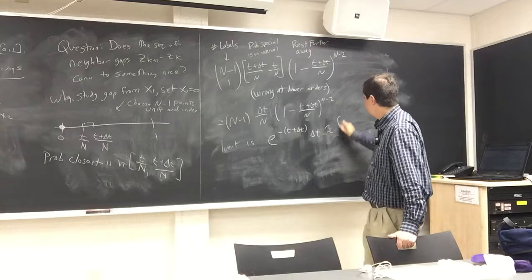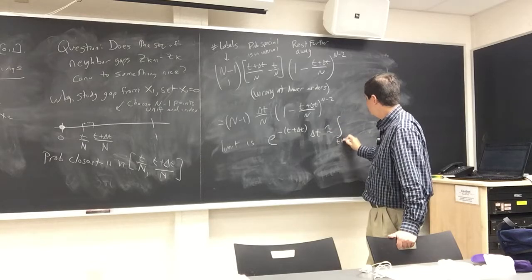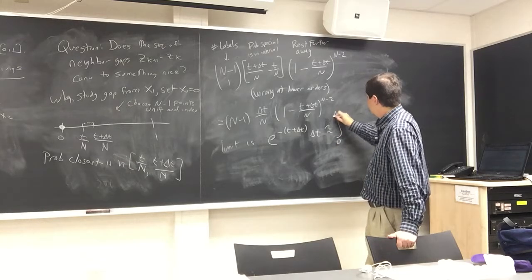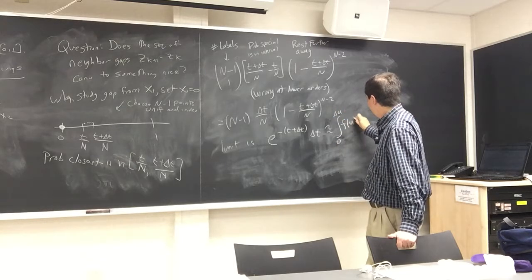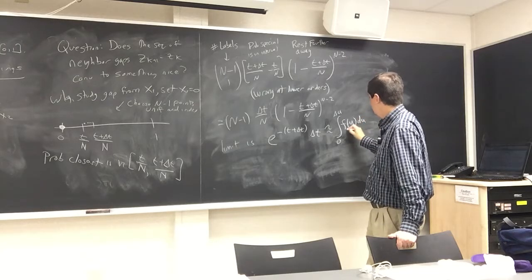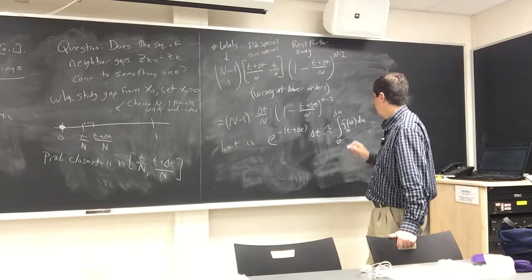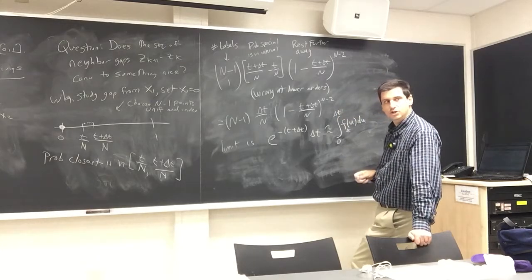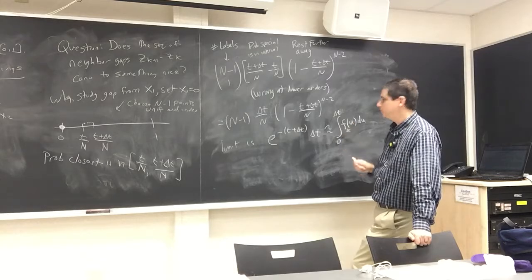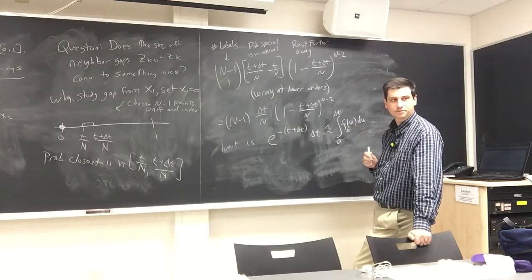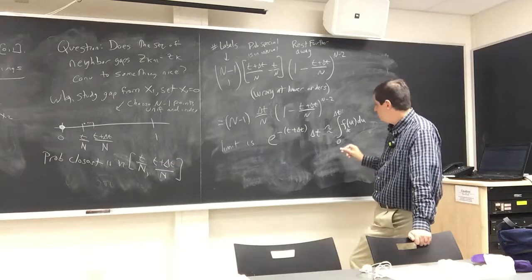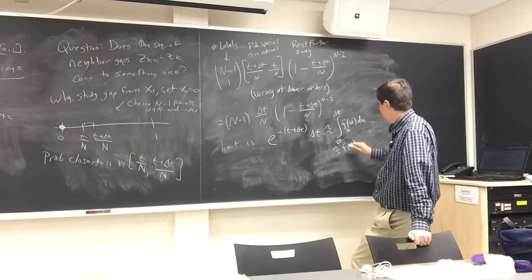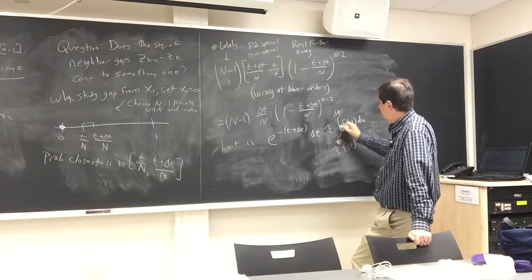This should be approximately equal to the integral of f of u du, so we're integrating from t to t plus delta t of our limiting density.